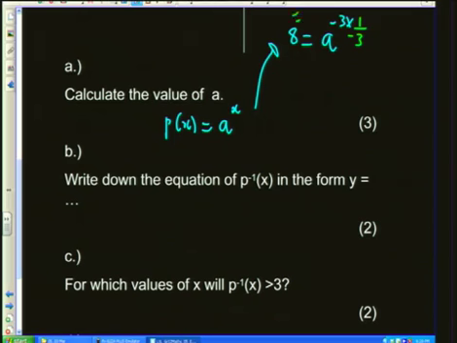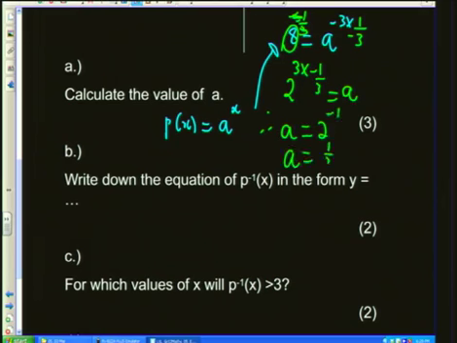So this is now 8 to exponent negative third. And you can write 8 to base 2. So this is 2 to exponent 3 times negative 1 over 3, which is your a. Therefore, a is 2 to exponent negative 1, which is a half. So you've got a equals a half.